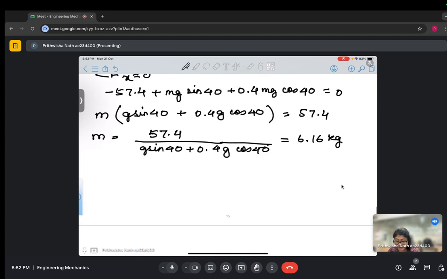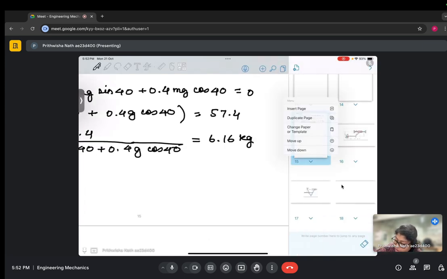Now there is another possibility where the motion of m impends down the incline. So again we need to draw a free body diagram.